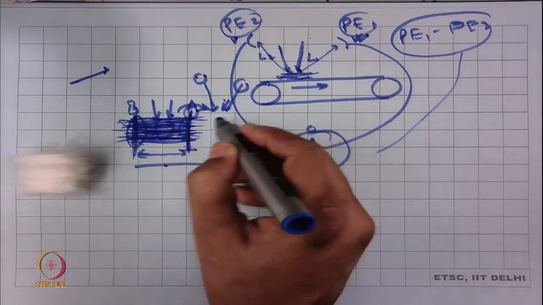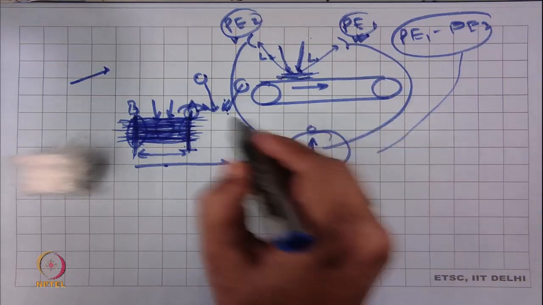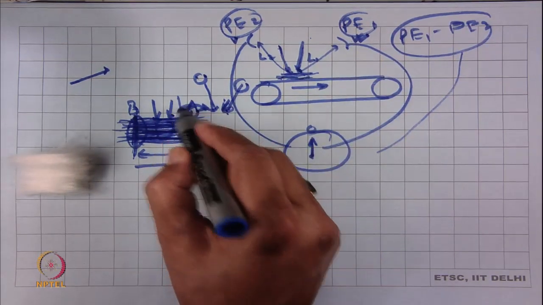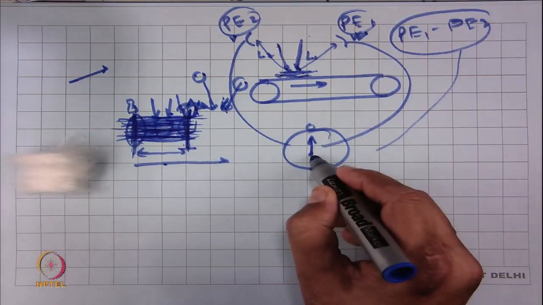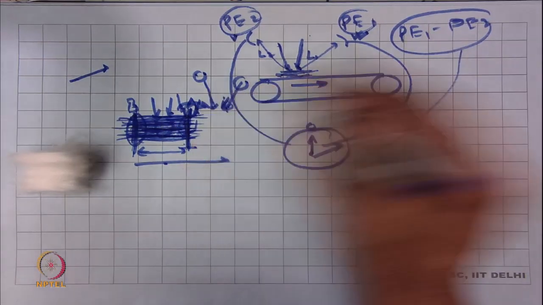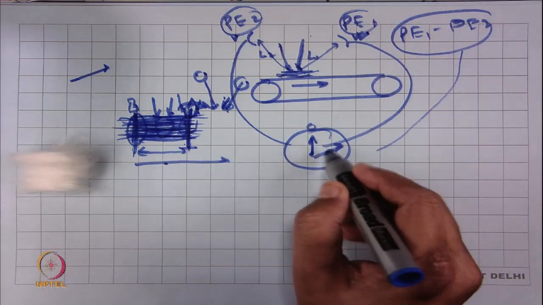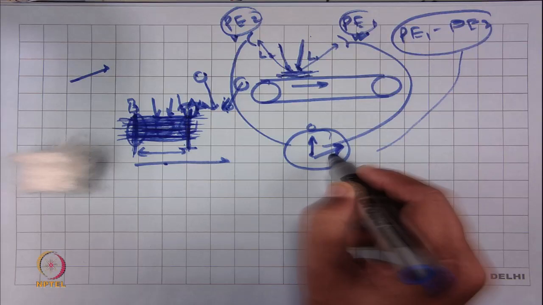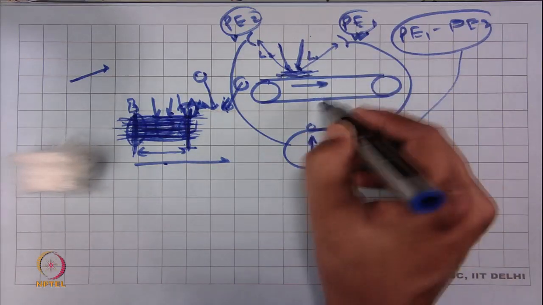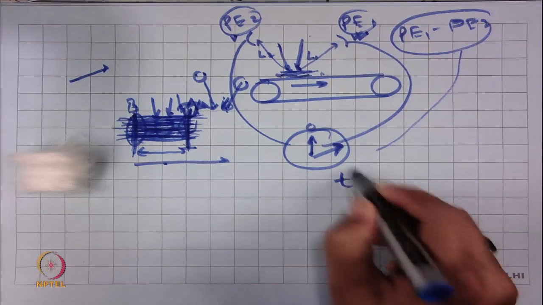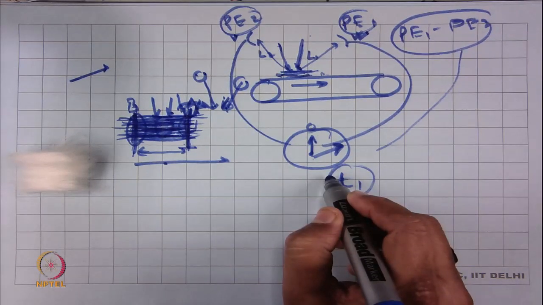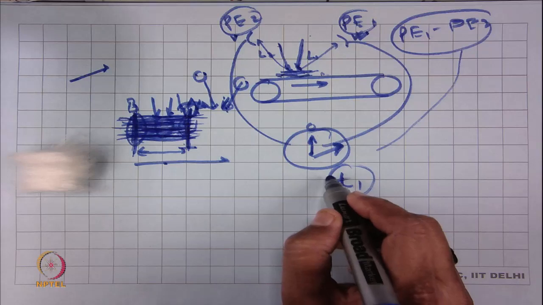At this point there will be a very high deflection, because the difference will be very high. So, this point is noted. Suppose this is time t1, at which there is a maximum deviation.